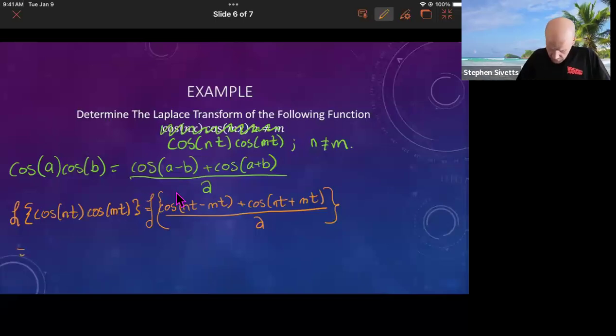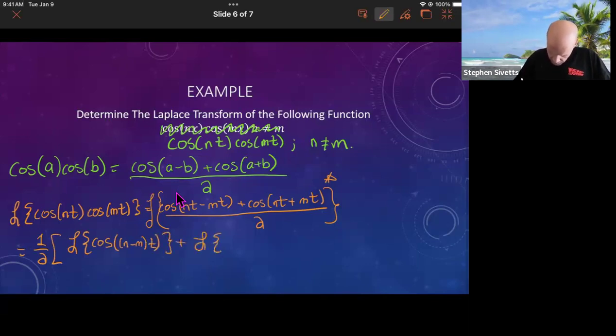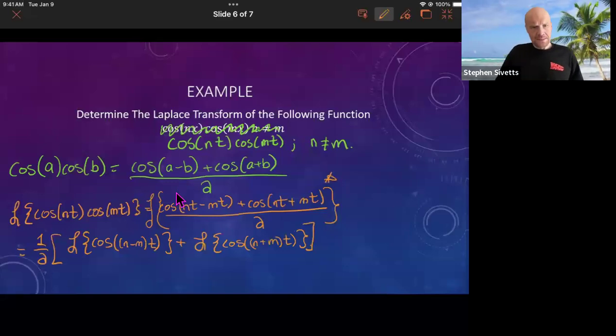So you can express this quantity as 1/2 times the Laplace transform of cosine of (n minus m) times t, plus the Laplace transform of cosine of (n plus m) times t. Pretty sweet, right? n minus m and n plus m are constants.